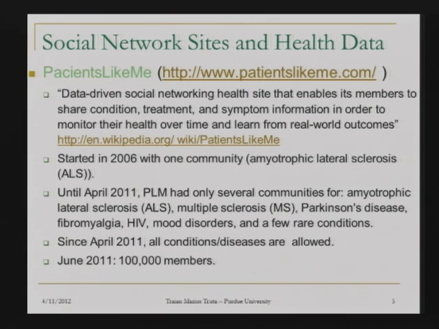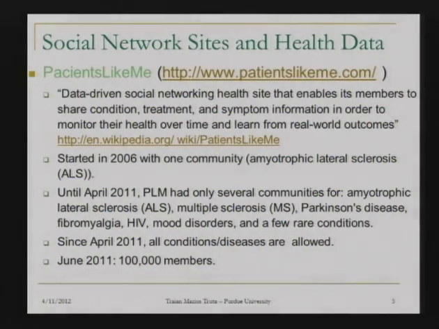Unfortunately, his brother died 1 year after the site was launched. But the community today is a very strong community. And in the next few years or so, other communities were created using the same model, which are mentioned here. And since April 2011, all conditions and diseases were allowed. All types of cancers and so forth.